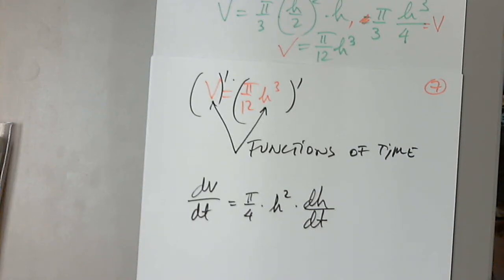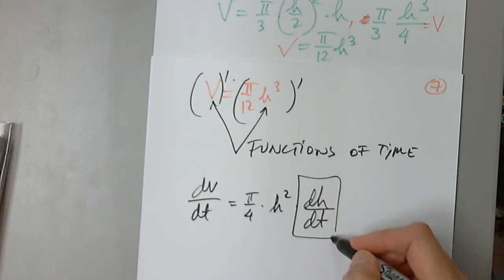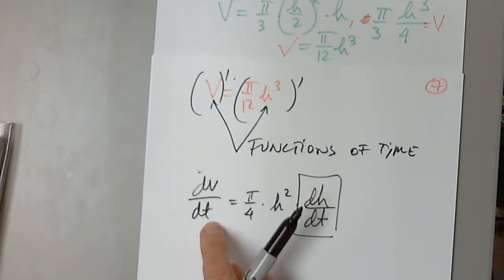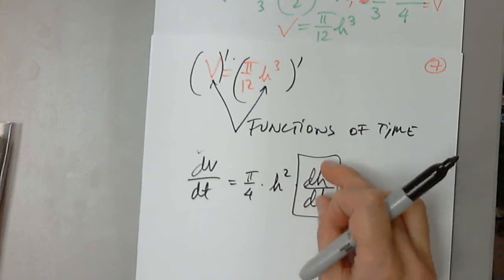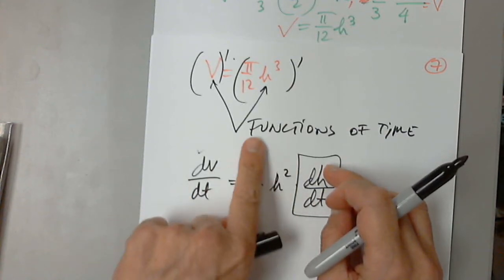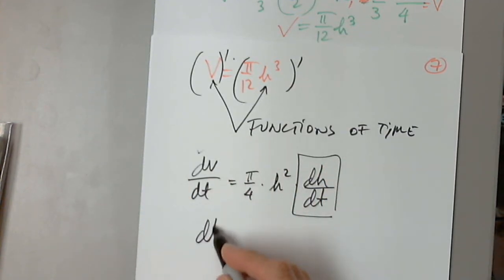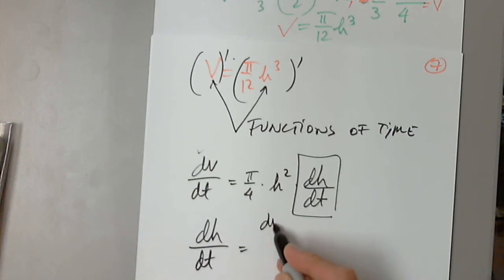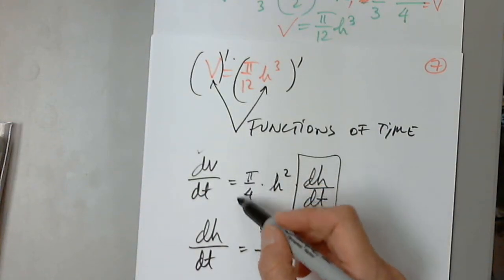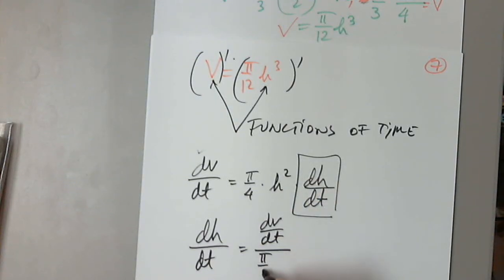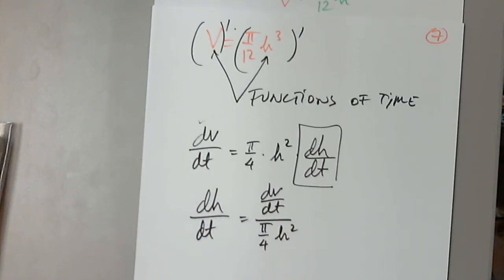Excellent. So we want to find dh over dt, so we're going to solve for dh over dt. This is the unknown now. This is known; it was given in the problem. So in order to solve for this, I will divide both sides by this quantity. So dh over dt equals dV over dt, everything divided by pi over 4 times h squared. This is the relationship that relates the two related rates, the rate of change of the volume and the rate of change of the height.